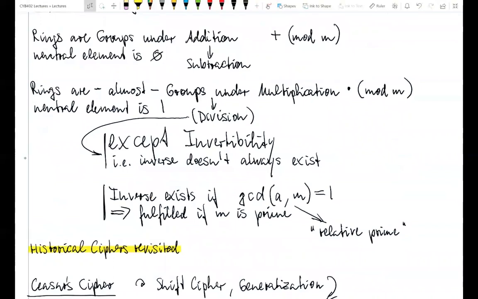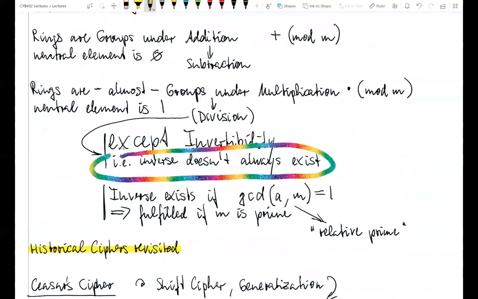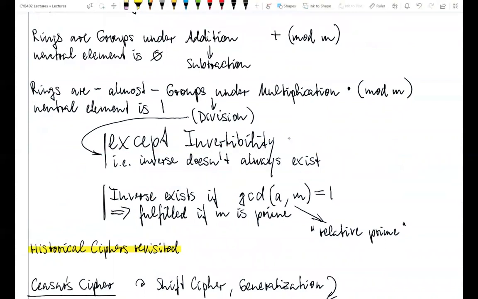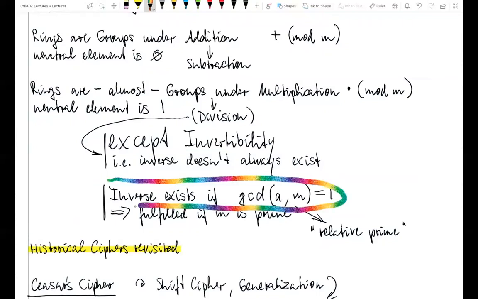So the inverse doesn't always exist, okay? So what you will find, and what I would like to just state here without proving it, is that an inverse exists for all elements that are relatively prime to m.